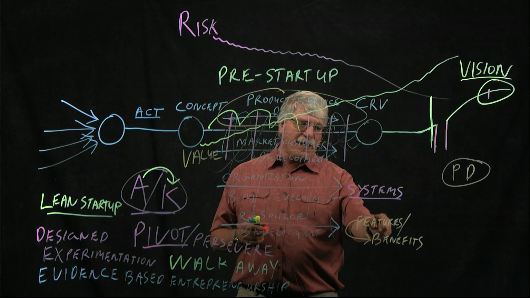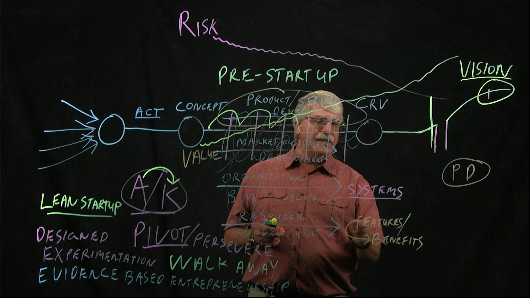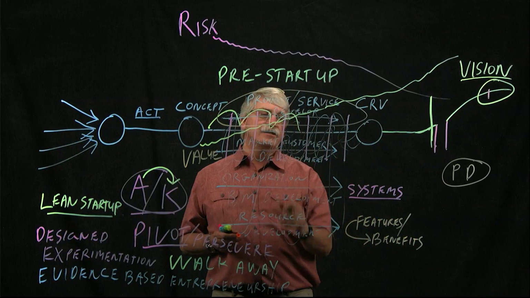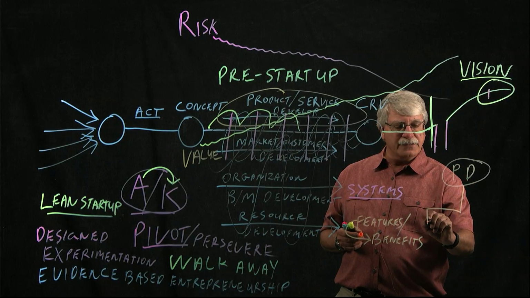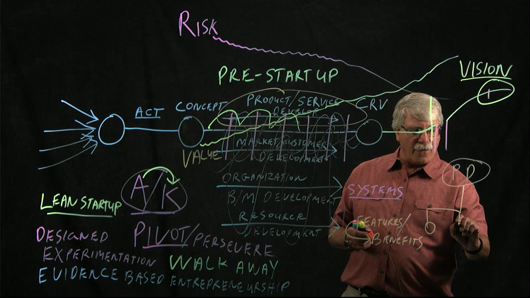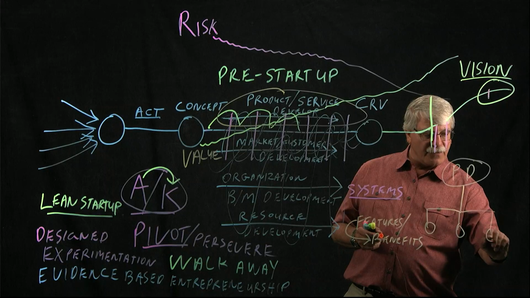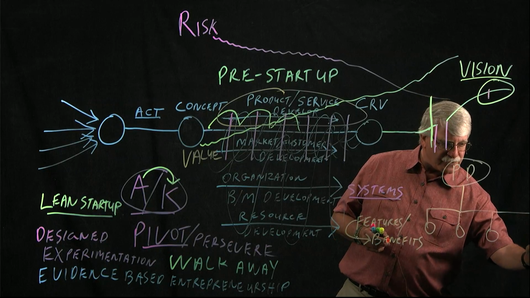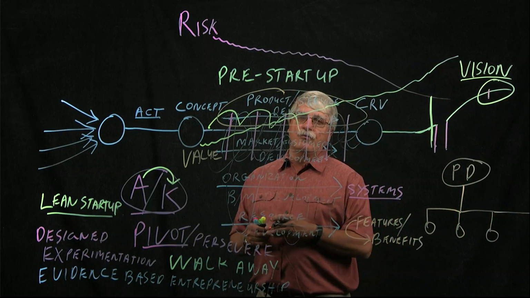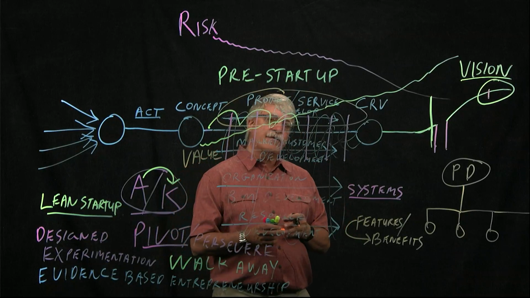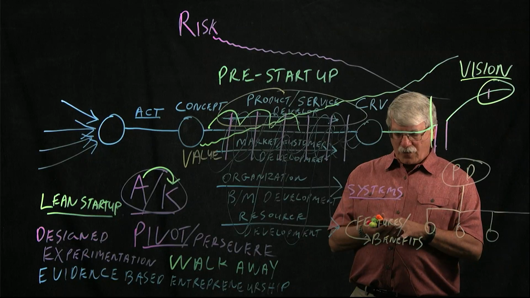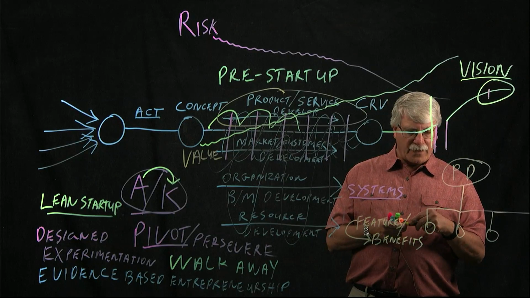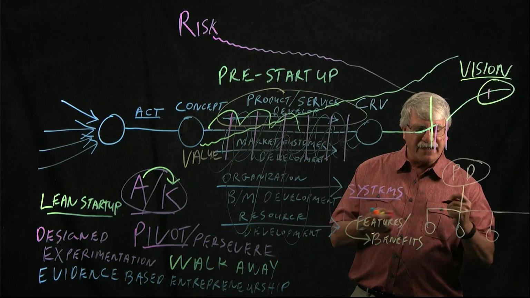Because as we think about features that translate into benefits, that then has to translate into your product design map. Some of the features and benefits are going to impact your product design map in terms of such issues as what I'll call the form factor.